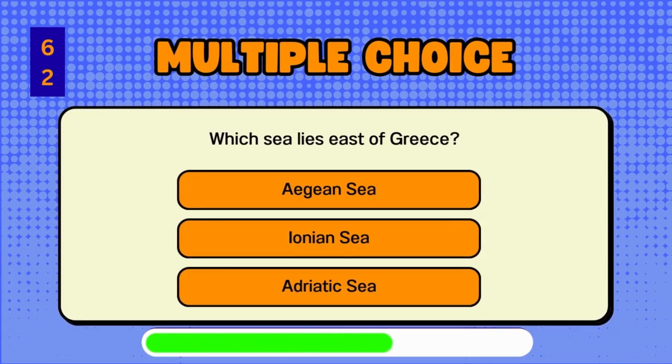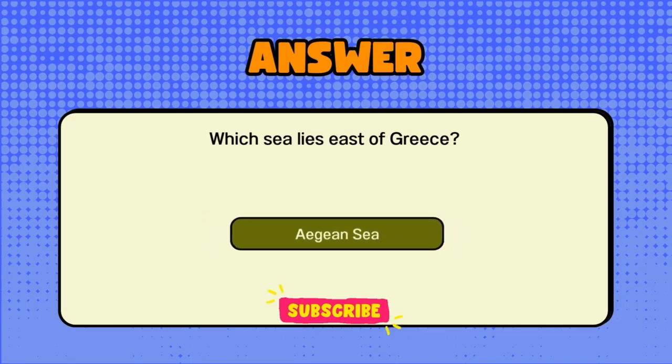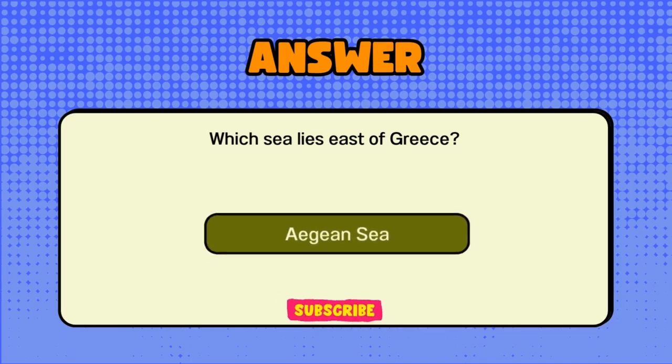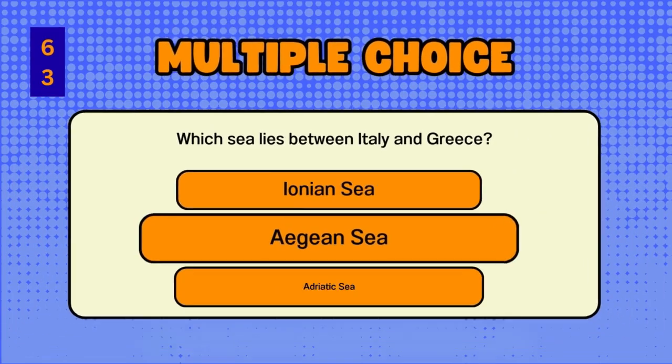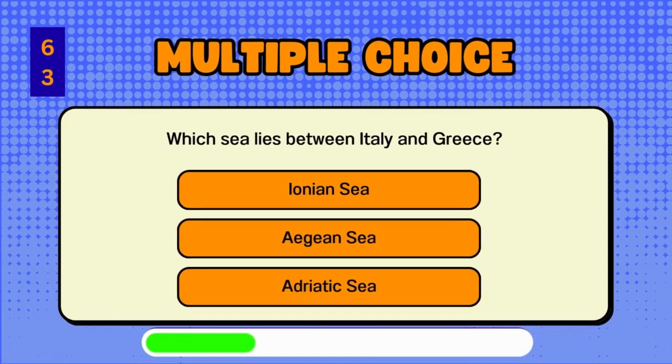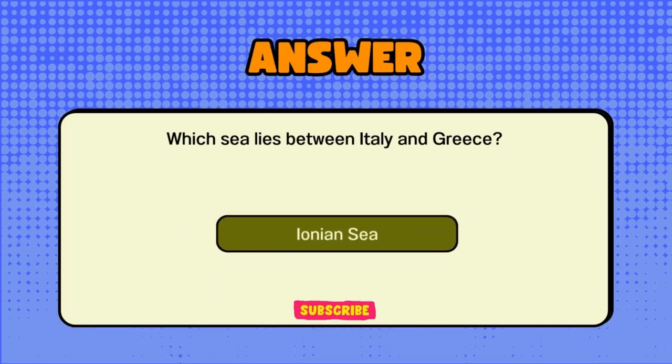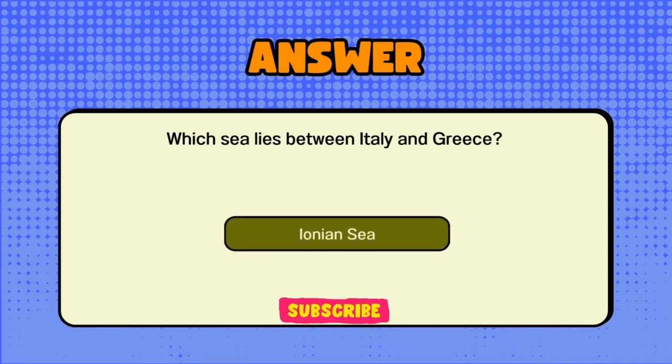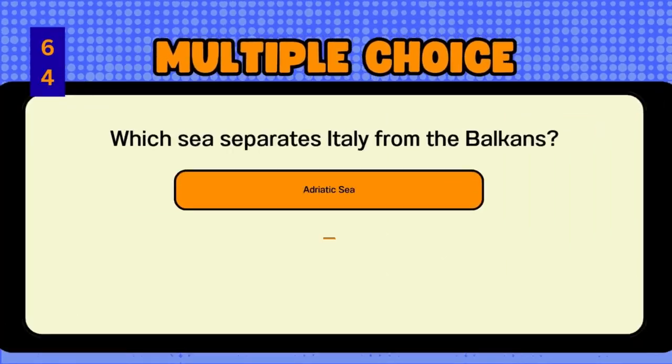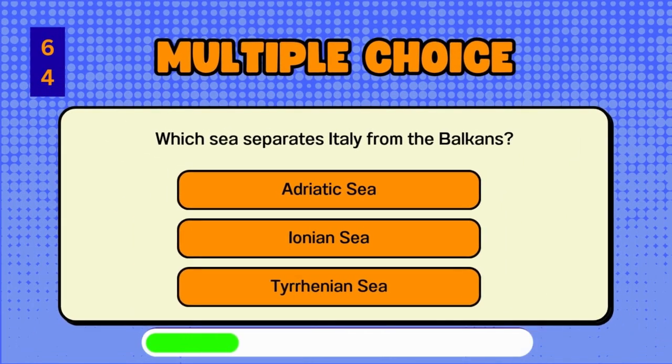Which sea lies east of Greece? Which sea lies between Italy and Greece? Which sea separates Italy from the Balkans?